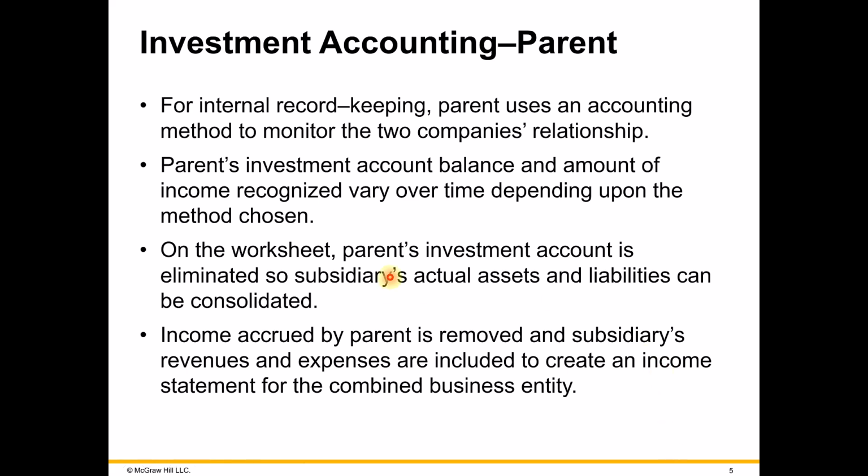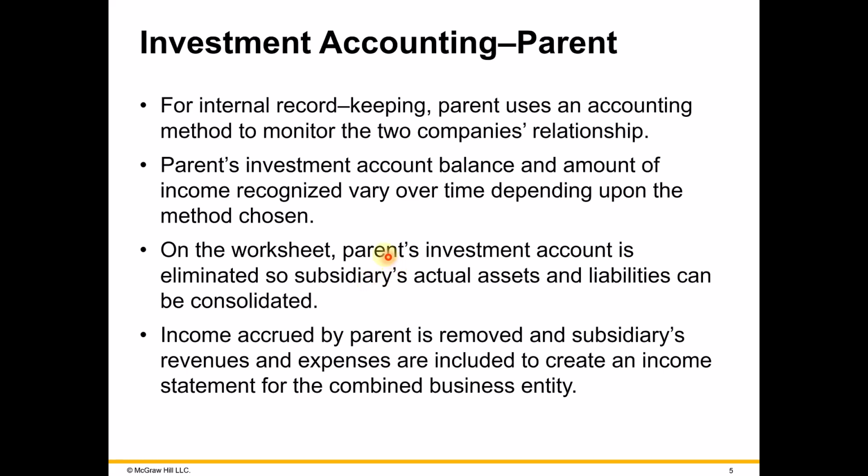What we need to determine is what type of accounting method the parent is using to account for its investment in the subsidiary. And that will determine what kind of adjustments we're going to be showing on that worksheet. No matter what method they're using, on this worksheet, we're going to be eliminating in the parent's account, again only on the worksheet, its investment in the subsidiary.